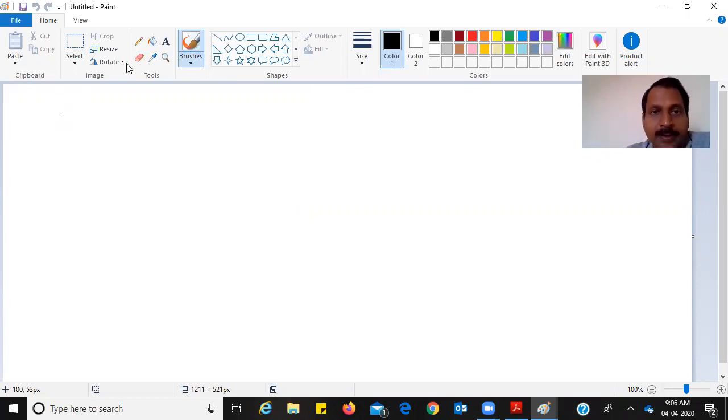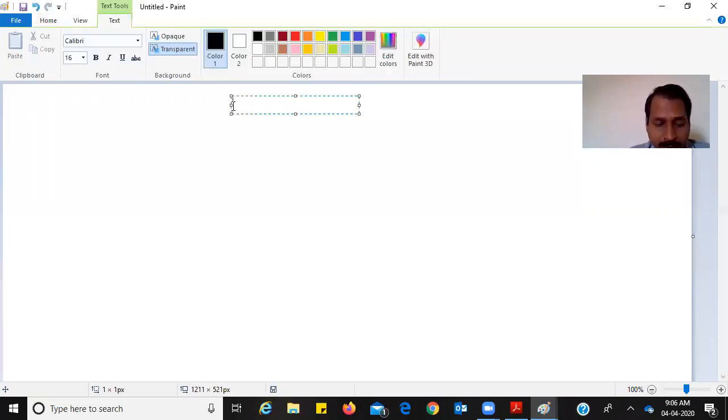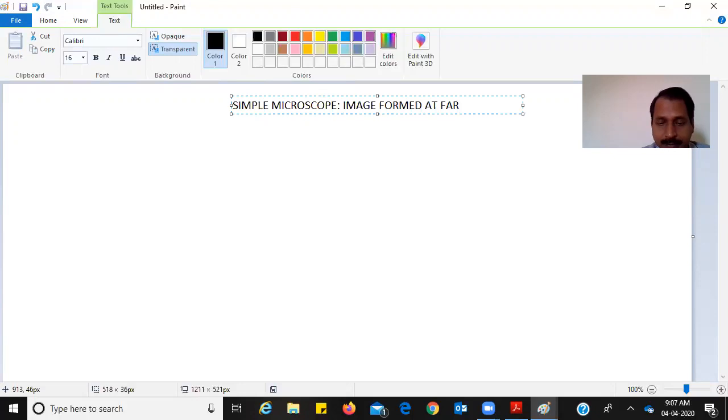So the second case is, you remember? Compound microscope. Infinity, far point. You need one more adjustment in a simple microscope. The image is formed at the far point.